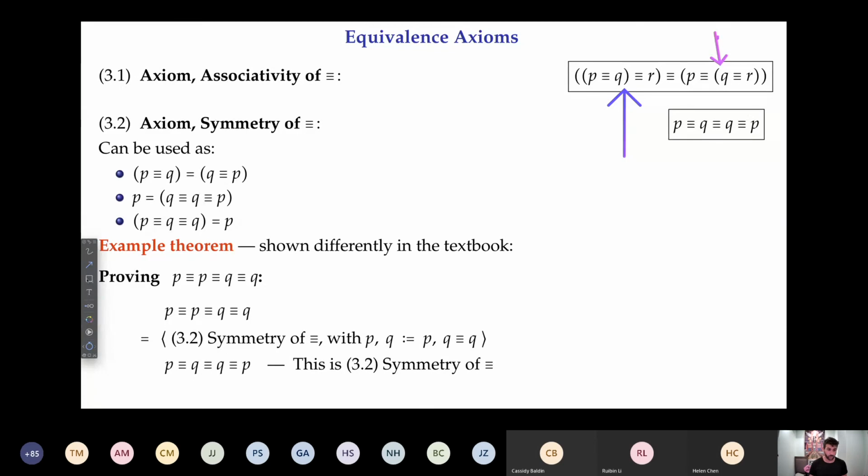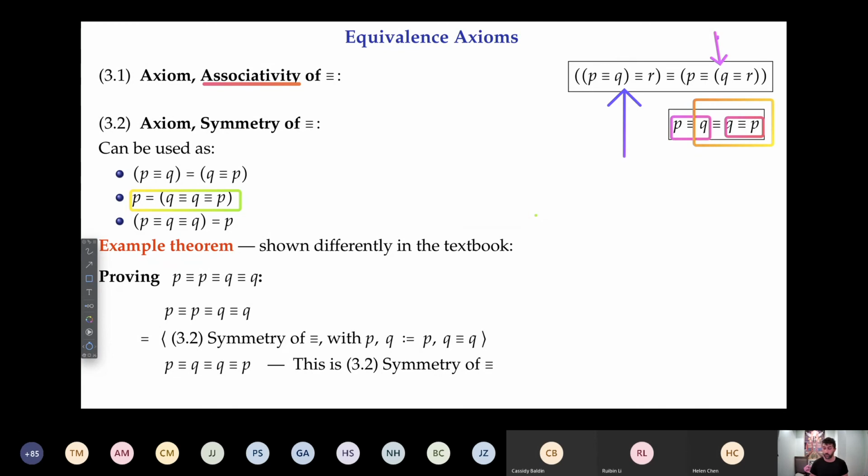So I can say P equals Q is the same as Q equals P. But because of associativity, I can read this rule a different way. I can parse it differently. In particular, I could say P equivales Q equivales P. So this is this rendition right here. This is a really nice property about equivales, or equivalence. It lets you read the same rule in multiple different ways.